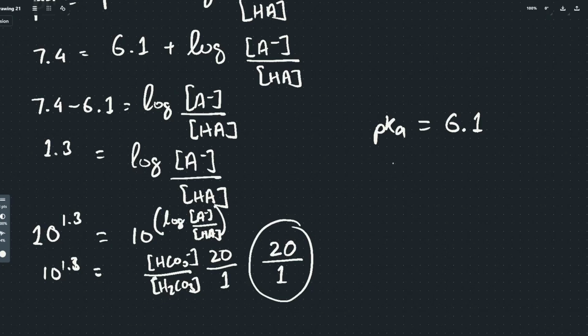Its buffering capacity is somewhere between 5.1 and 7.1, and we are actually outside this range. We are at 7.4, but still it works great, especially for the acids. Not very well equipped for the base, but it is well equipped for the acids.